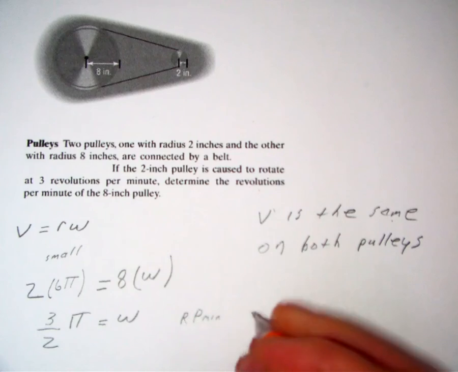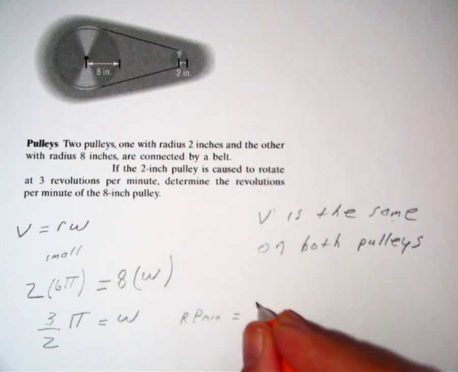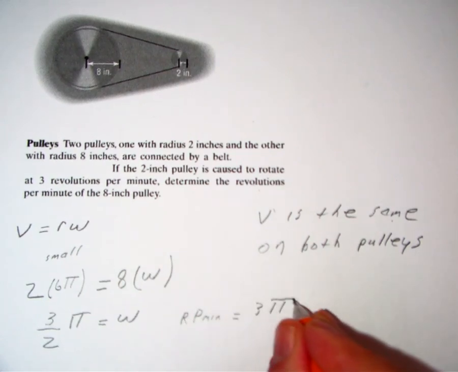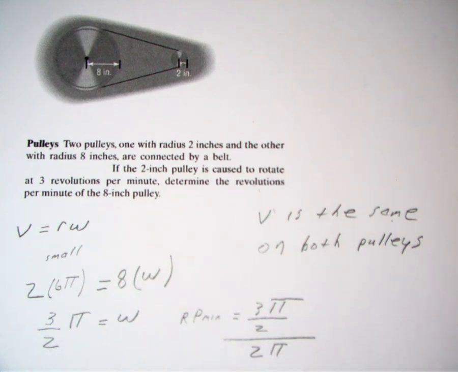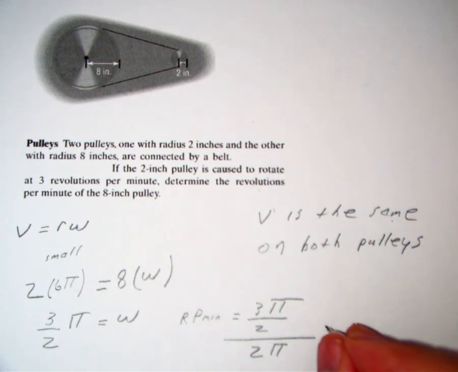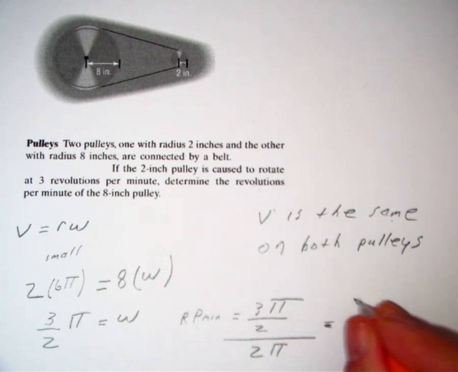Revolutions per minute would be equal to this divided by 2 pi, right? All right, folks? So you see here, the pi's cancel, and I get 3/4.